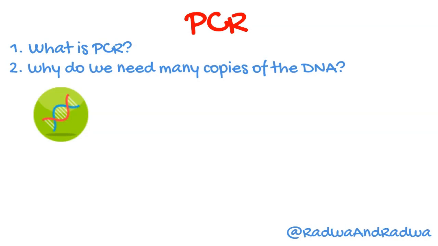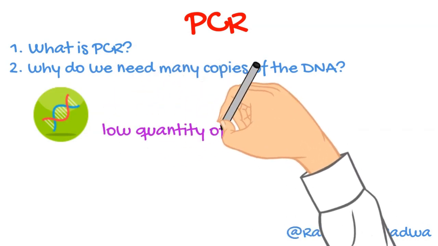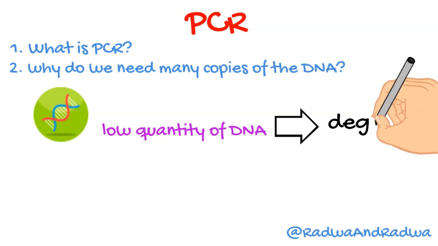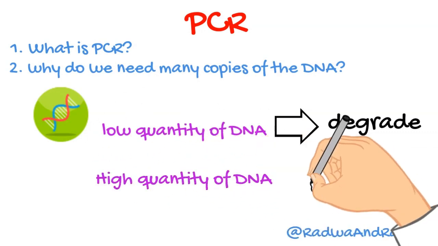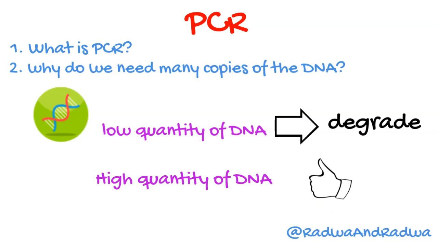However, when we try to extract that DNA, if its quantity is low, first of all, it may degrade because we manipulate it in the lab, and we may be unable to detect that DNA moving forward. And experimentally, our tests and experiments do rely on the presence of large quantities of DNA in order to allow for proper detection.